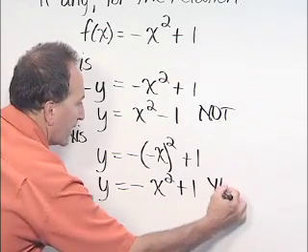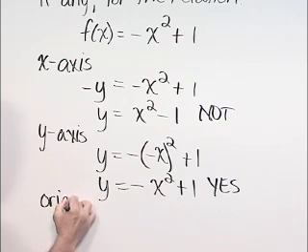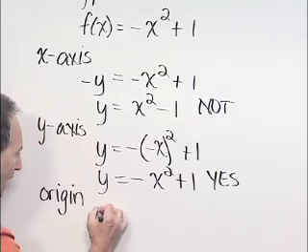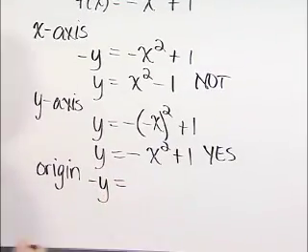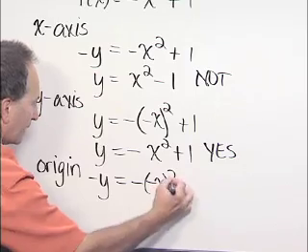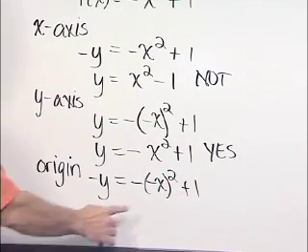So we'll write yes. Now, for the origin, we replace both of the variables with their opposites. So the opposite of y for y, and the opposite of x for x. Now we simplify this.